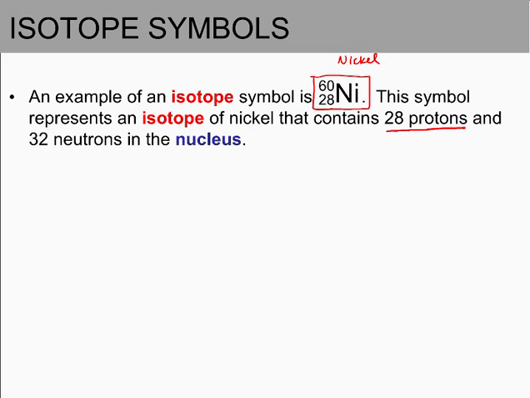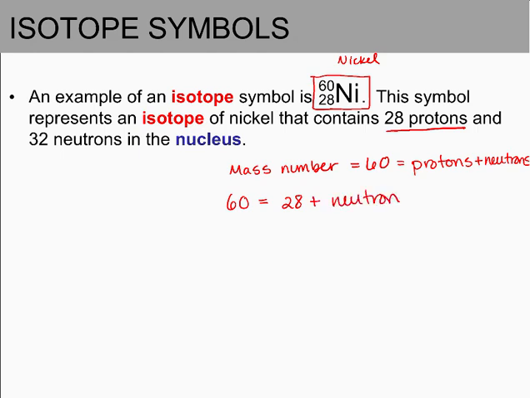And then the mass number for nickel is in the upper left, and that is equal to 60. But remember that the mass number is equal to the number of protons plus the number of neutrons. So 60 is equal to 28, the number of protons, plus neutrons.